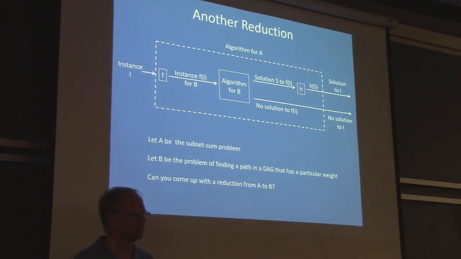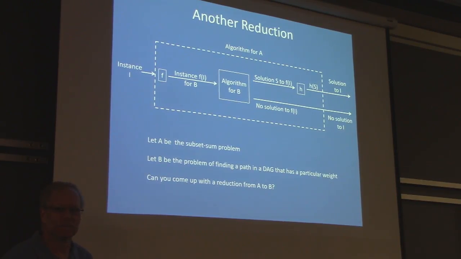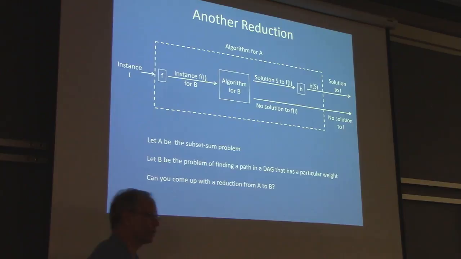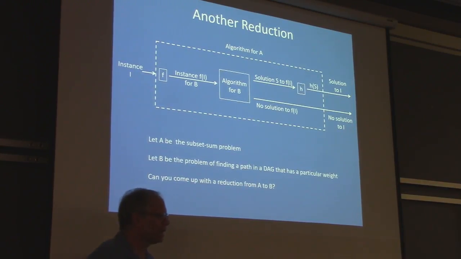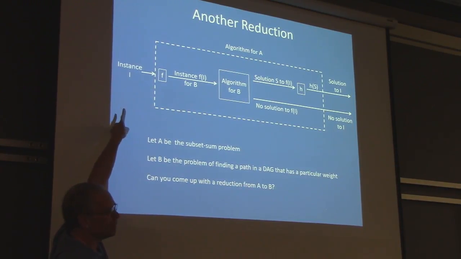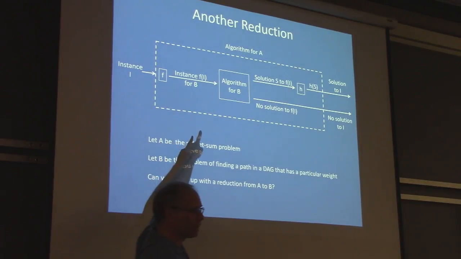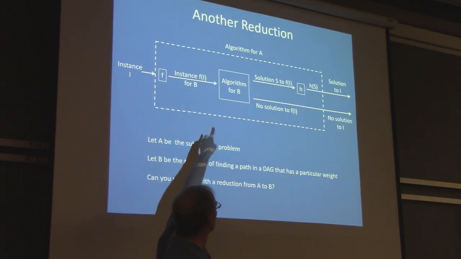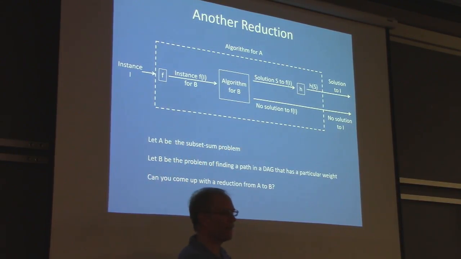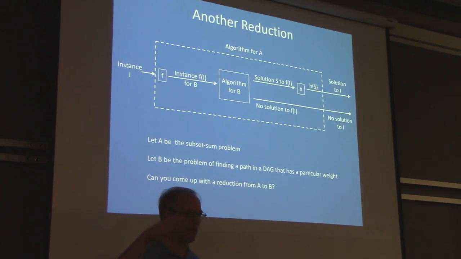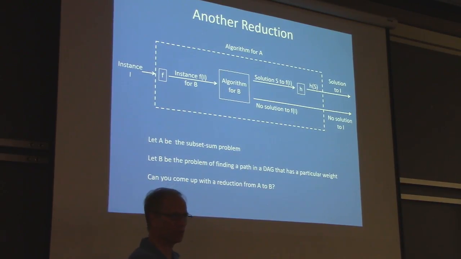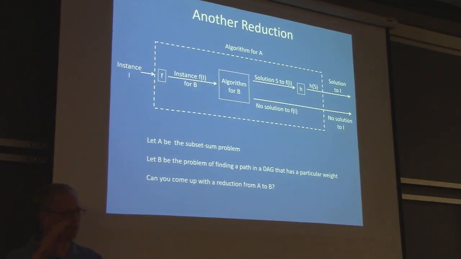Now they do have something in common. They have a goal. And one problem has a set of integers, and the other has integer weights. But somehow we've got to take the set that's coming in, turn it into a weighted DAG, solve the problem on the DAG, and then take the solution on the DAG, which would be a path, and turn it back into a subset of the original set. So they're very different kinds of problems.